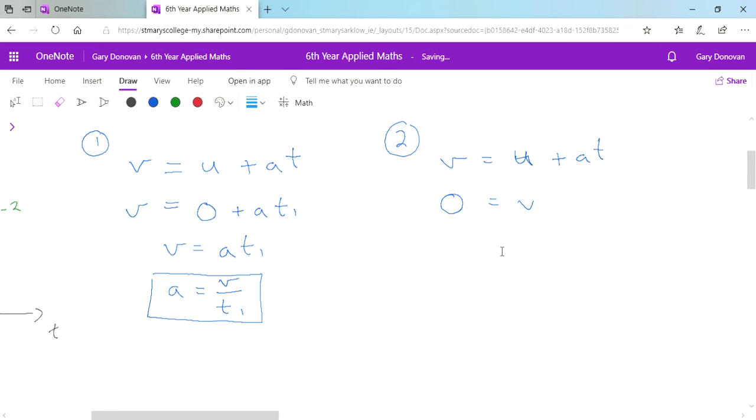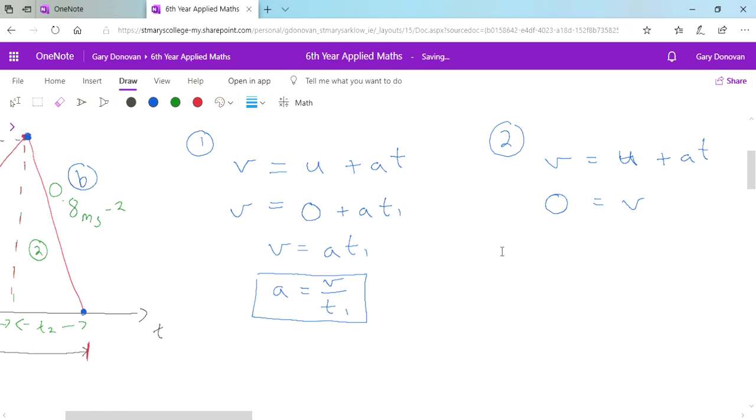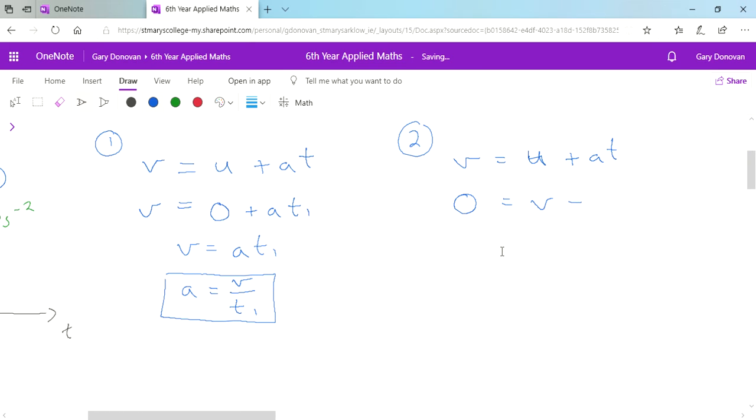The initial velocity is v, because we're starting here where the velocity is v. Let's call this rate of acceleration b. It's a deceleration, so it'll be minus b times t2. That gives us v equals b times t2, or b equals v over t2.